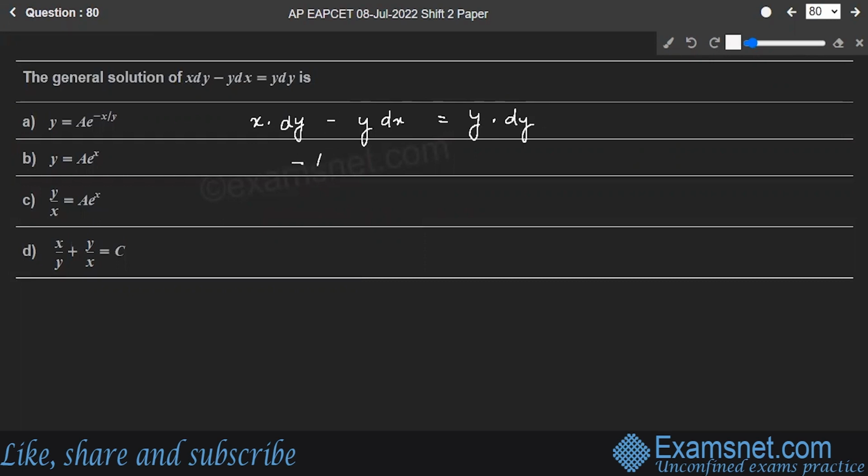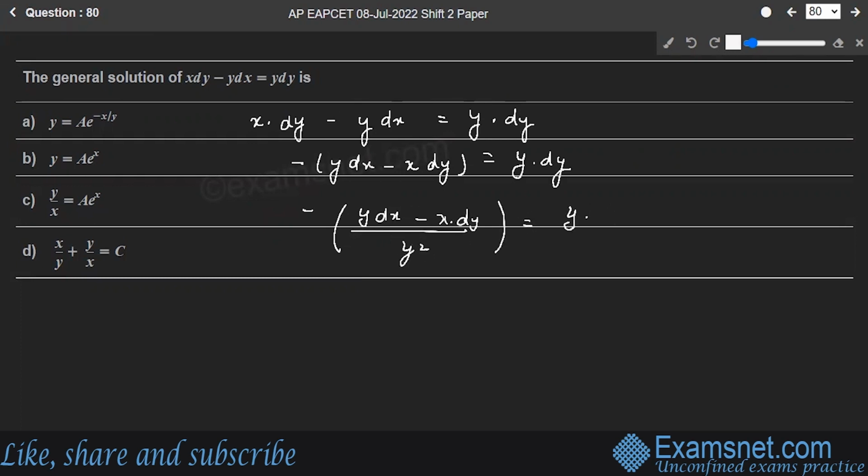This can be written as minus of y dx minus x dy is equal to y dy. I'll divide both the sides by y square. So this will become equal to d of x upon y, which is equal to dy by y.